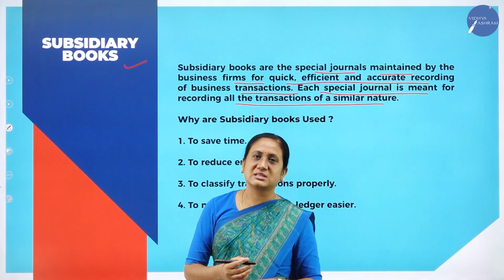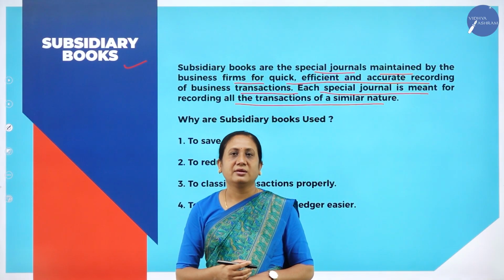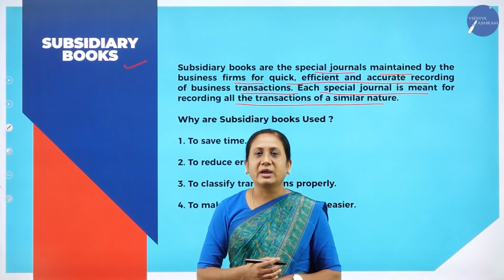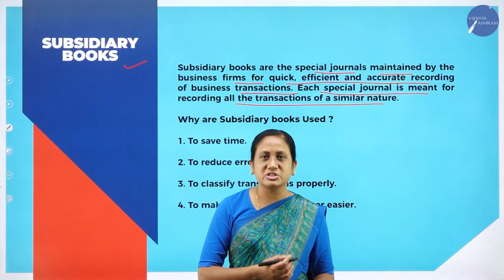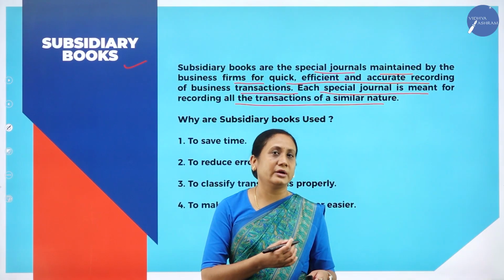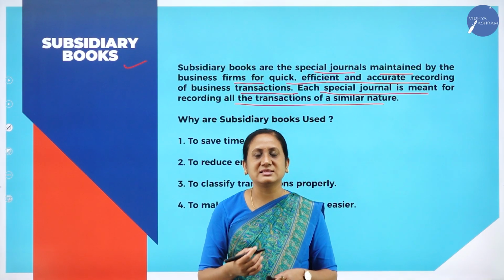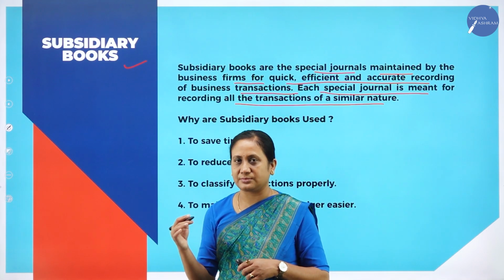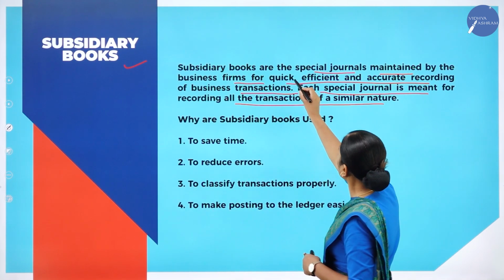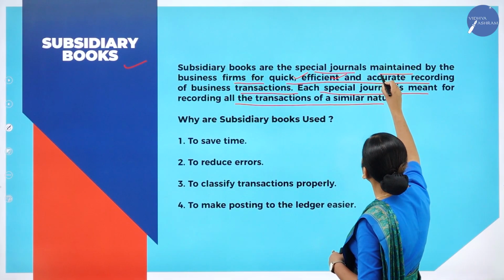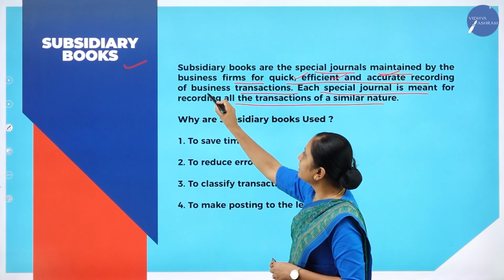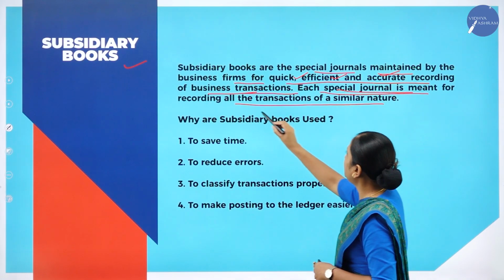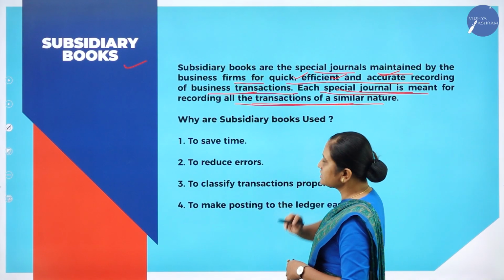When the business is big in size and has a large number of transactions, instead of recording in the journal, all the transactions will be recorded in various subsidiary books for quick, efficient and accurate recording of business transactions. Each special journal is meant for recording all the transactions of a similar nature.